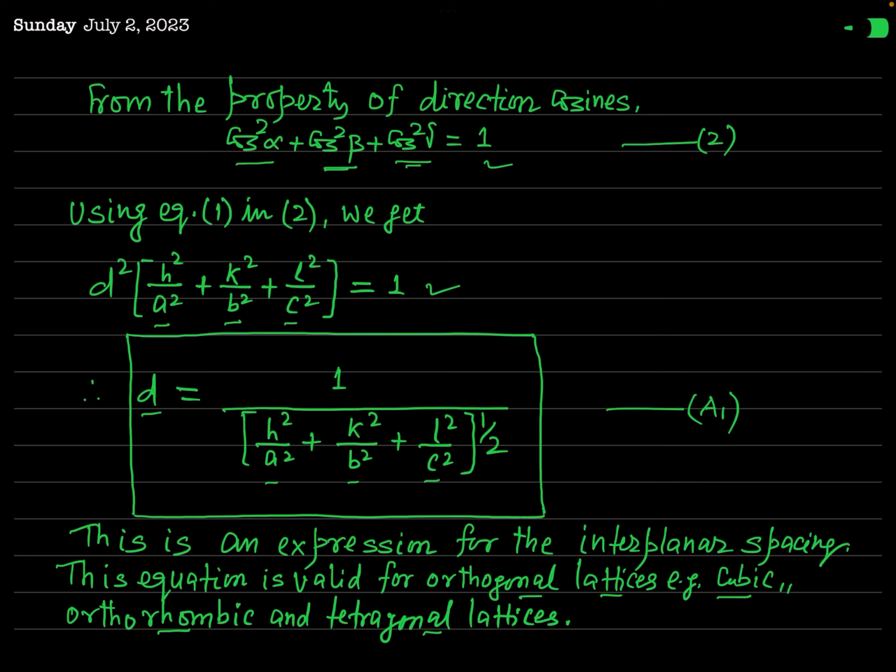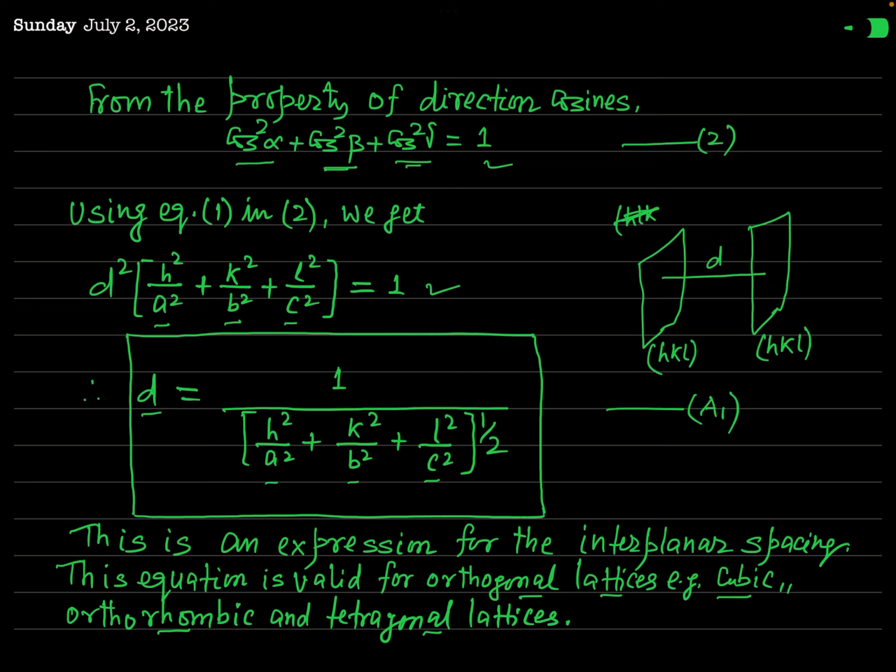Actually, in this case, you can see there are two crystal planes. Let us say this is one crystal plane and this is another crystal plane, and both are parallel to one another, and this is the interplanar separation between them, and both crystal planes are characterized by the Miller indices hkl.